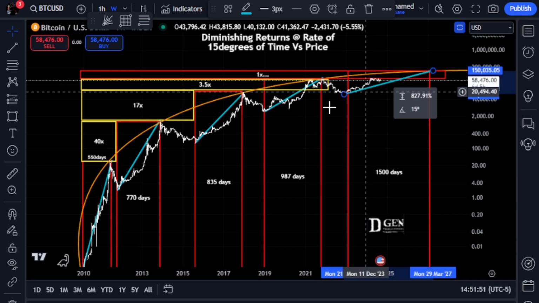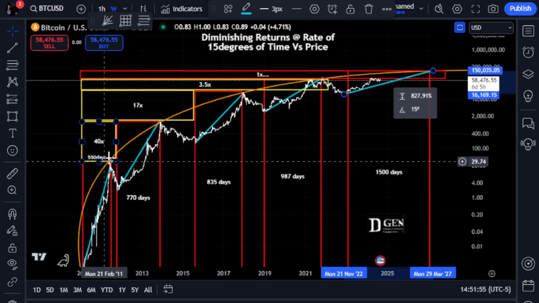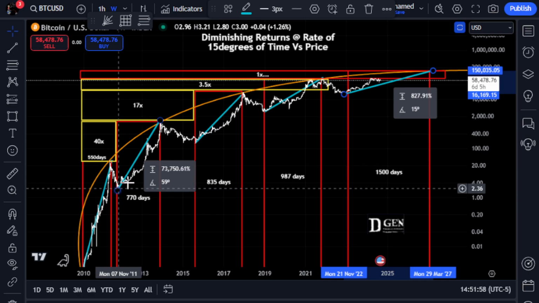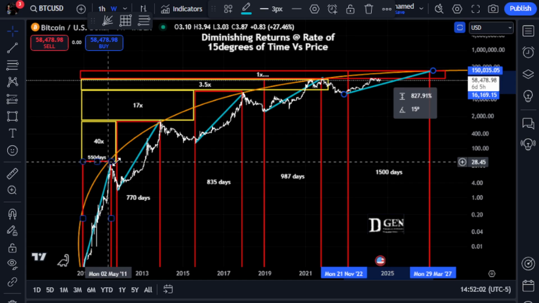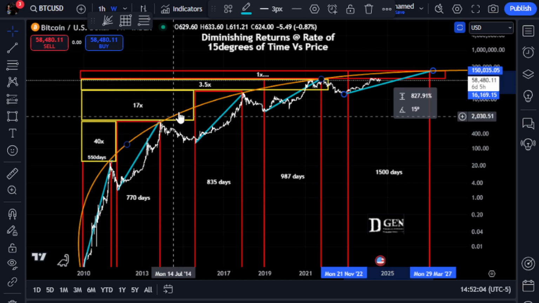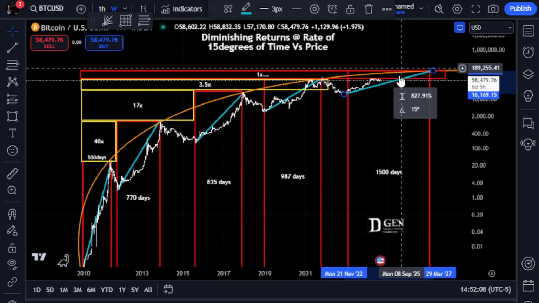15 degrees. And what are we seeing bull run to bull run, not from our low? I understand that there's more X's if you were smart enough to buy the bottom, but we're looking at how much we're actually gaining in value, as to how much higher we can expect Bitcoin to actually go.